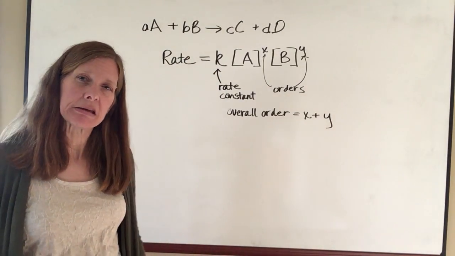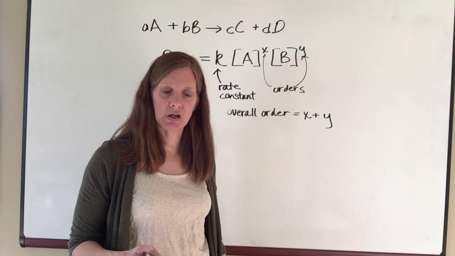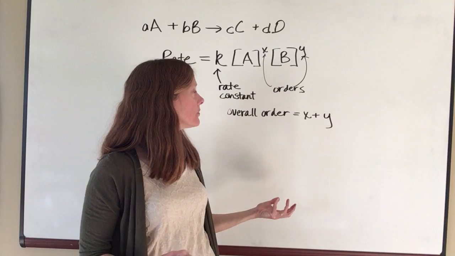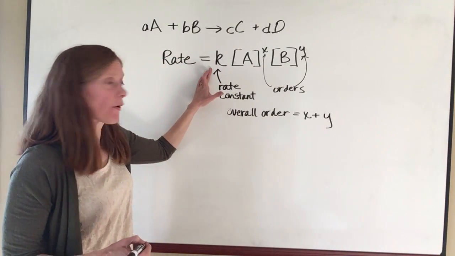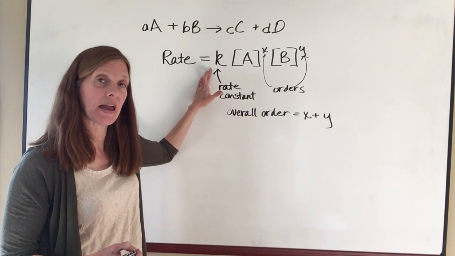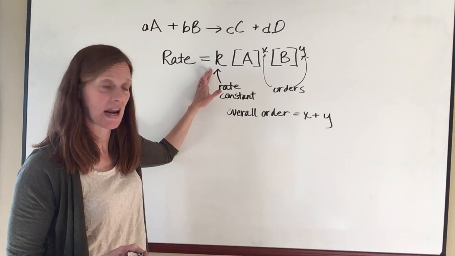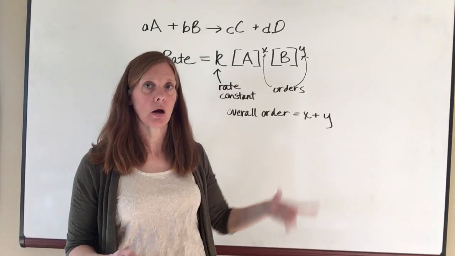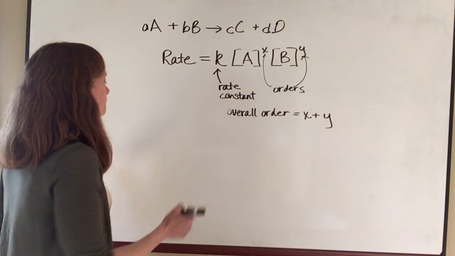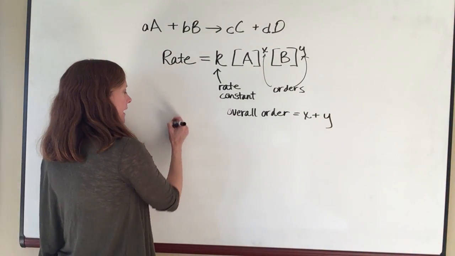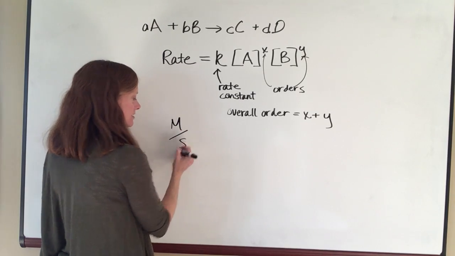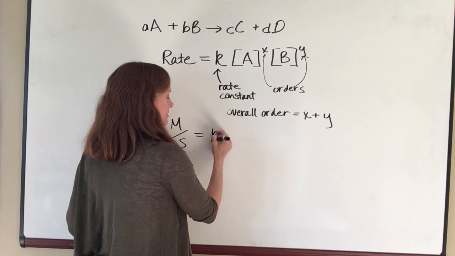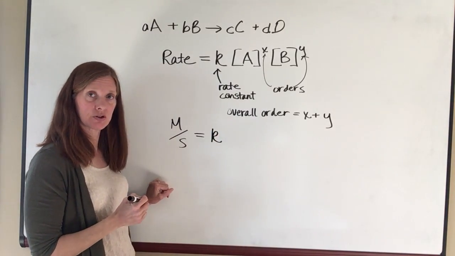One thing that you're also asked to do in this section is to figure out what the units on the rate constant are. And they are not always the same. They will change depending on what these orders are. So let me show you what I mean by that. You know that the reaction rate is expressed in molarity per second. The rate constant has units which vary.